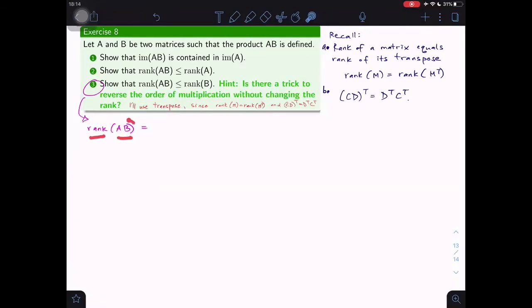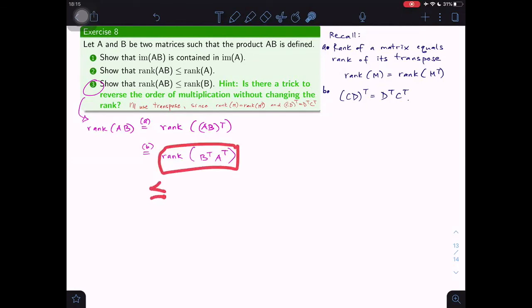I will replace this with the rank of the transpose of AB, and I'm allowed to do that because of part A. Next, I will apply part B. I will replace the transpose of AB with B transpose times A transpose. Then part 2 tells me that this rank should be smaller or equal to the rank of the first matrix.